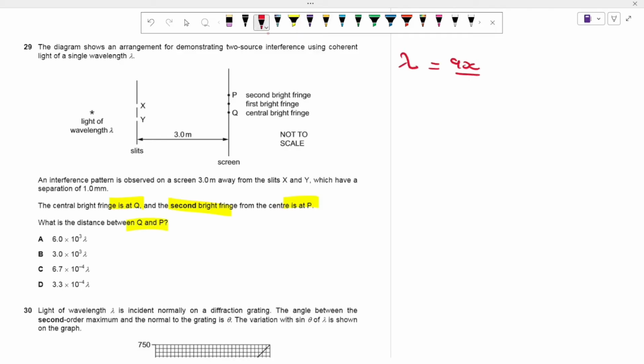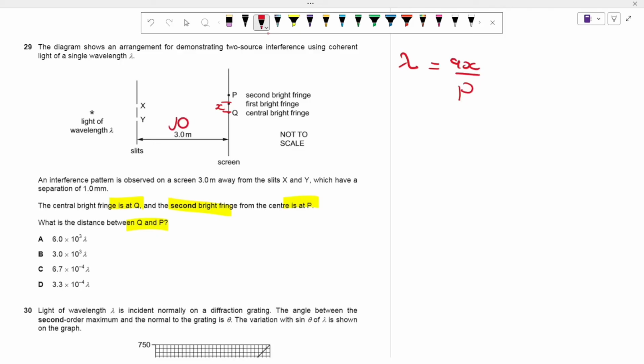Lambda is equal to ax divided by D, right? And we know that whenever we're making these calculations, our D is the distance from the slits to the screen, and our x is the distance from one fringe to another fringe. And we know that our x is coming from one fringe, which is bright, to another fringe, which is bright. If it's dark, it's from one dark fringe to another dark fringe, but they have to be consecutive. Then our D is this specific distance.